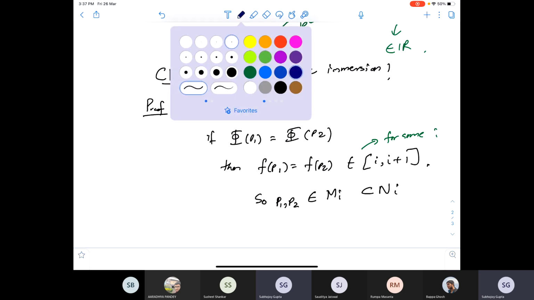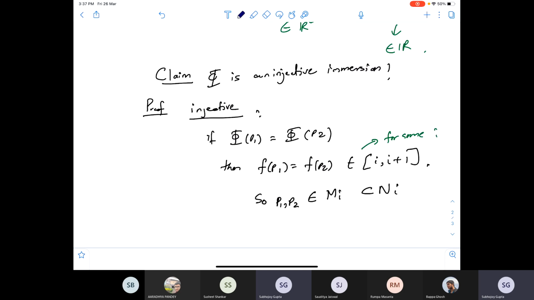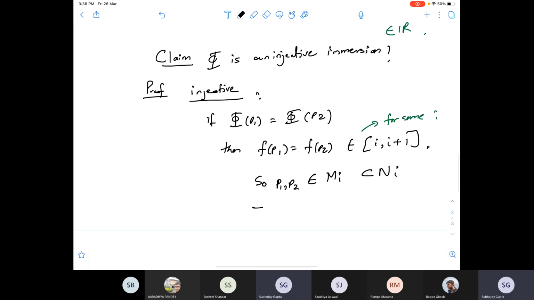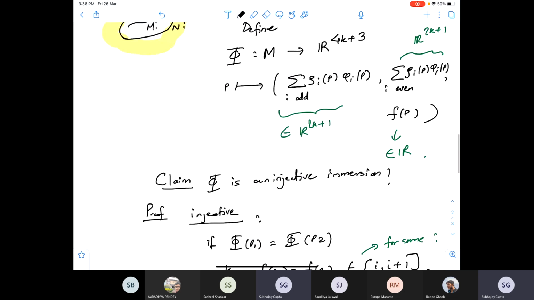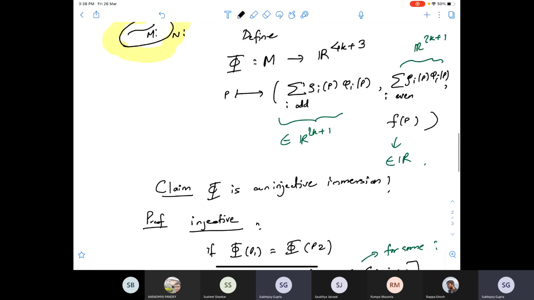This part is just following the nose and proving what we want. And so what does this mean? It means that in this sum that we had, phi 1 of P.